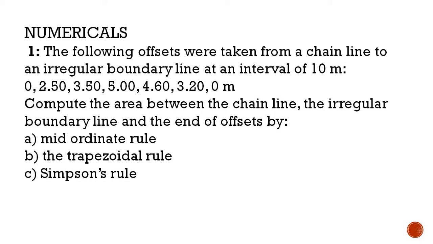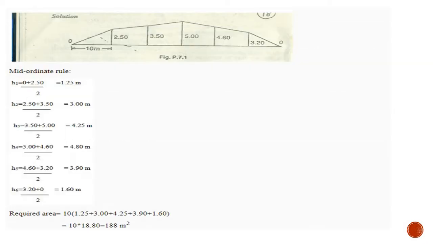So let's see how we can approach this numerical. First we have to draw a figure. See, 10 meter of chainage was given, and offsets were given as 0, 2.5, 3.5, 5, 4.6, 3.2 and 0 again.